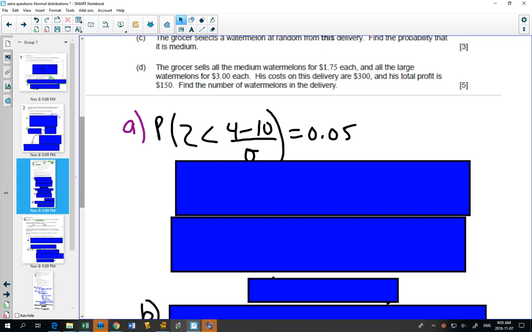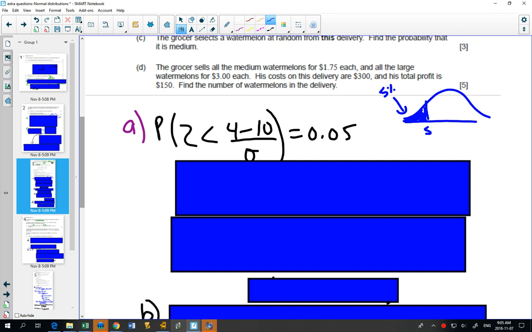We know that the probability that it is small is 5%, but we don't know the standard deviation, so I've put on the z-score and looked at the z-score formula. If we draw a diagram of what we do know, and I'm going to use the letter S here, that is 5%.